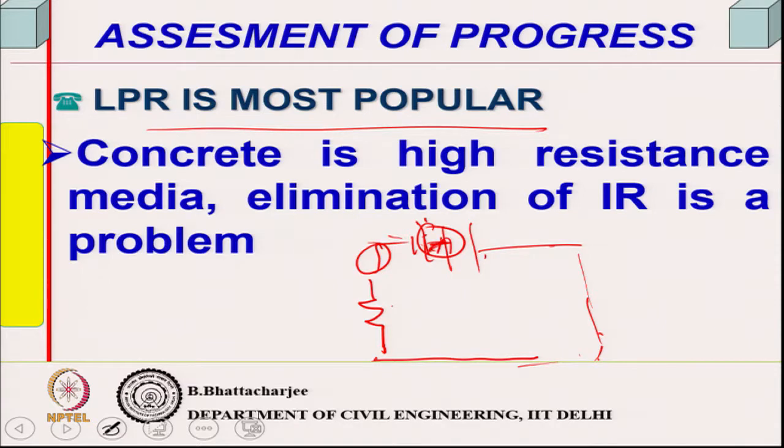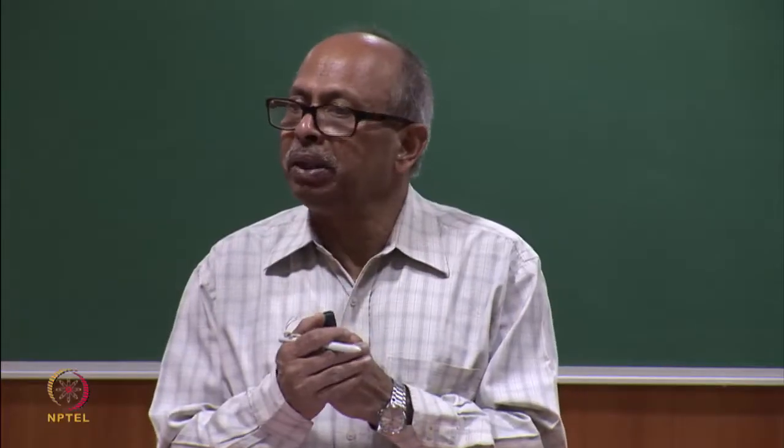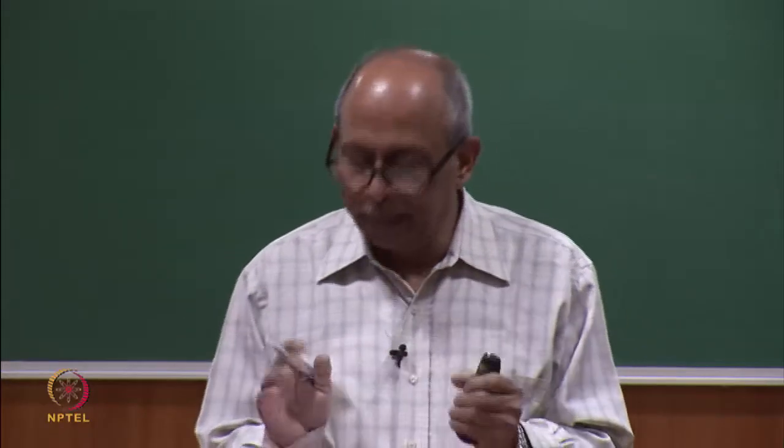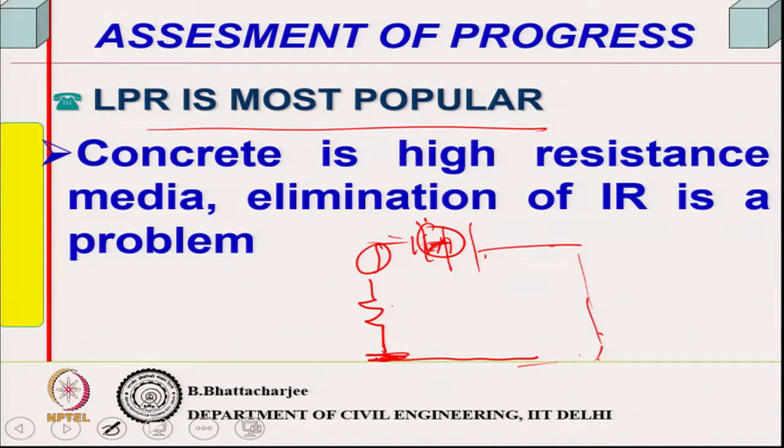Now, polarization resistance is the resistance offered at the interface, because at the interface you have a capacitor. The simplest circuit would be a capacitor and a resistor, because there are two materials. Why a capacitor?